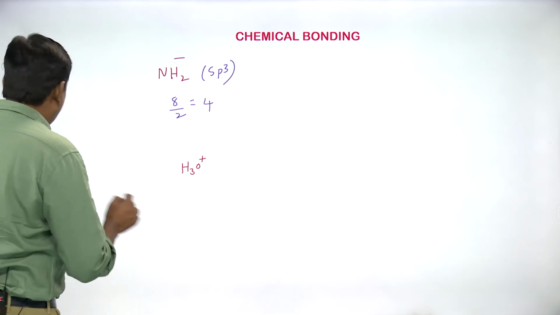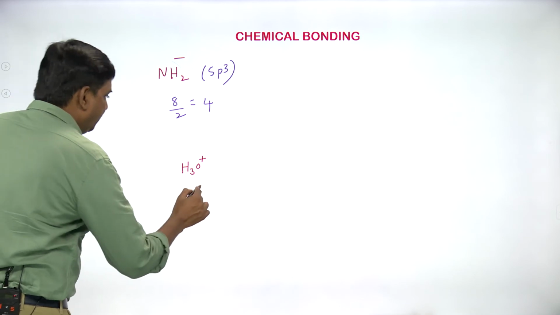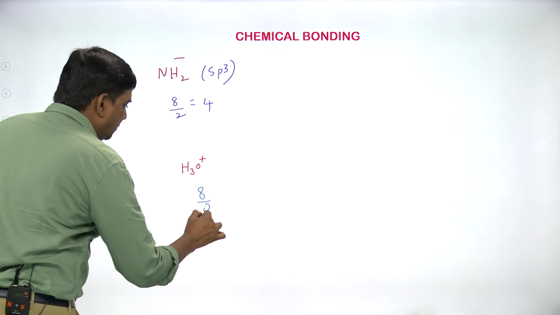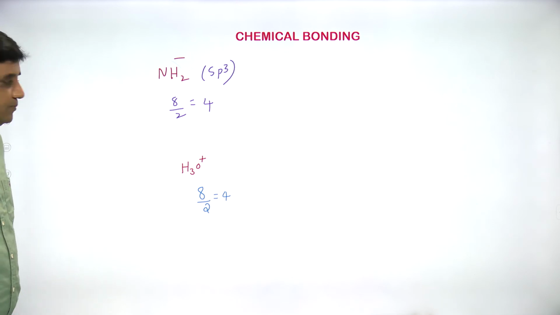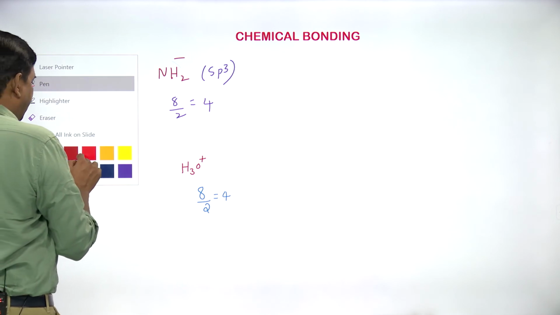So total number of electrons is 8. Therefore 8 by 2 is equal to 4, sp3 hybridization. In both the cases, sp3 hybridization.